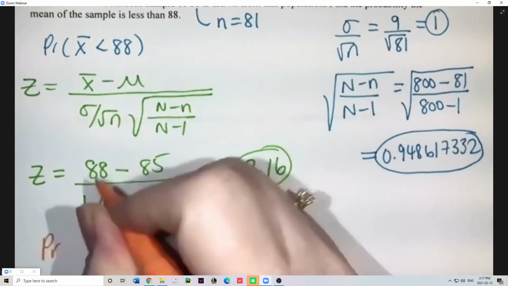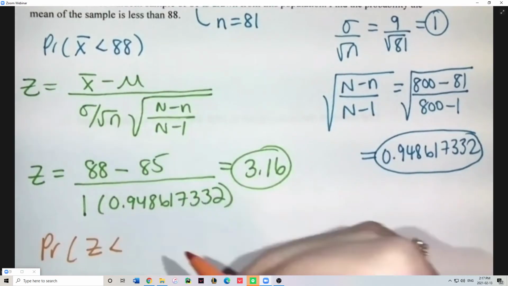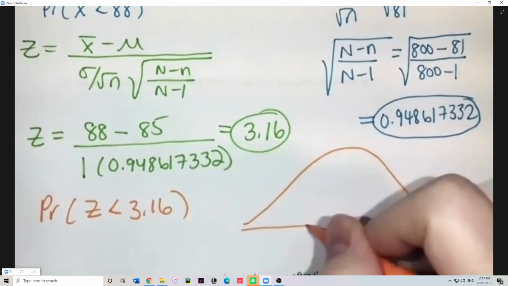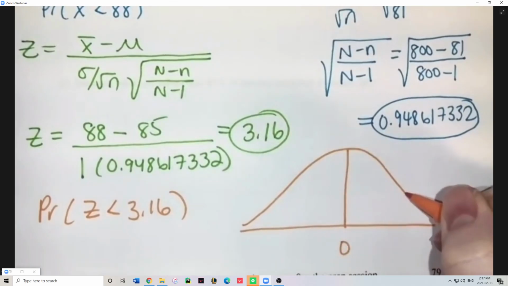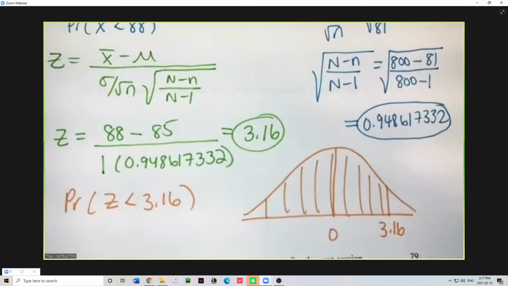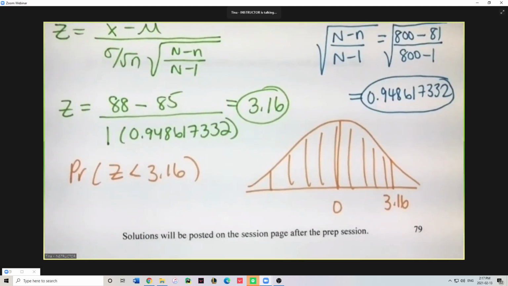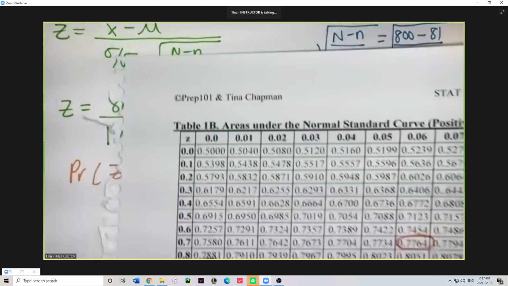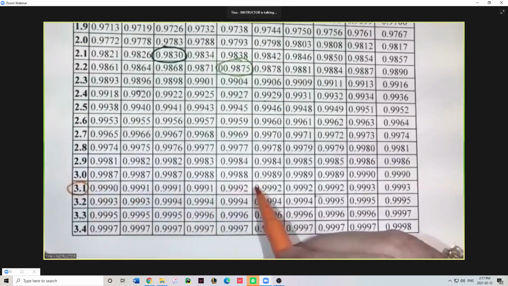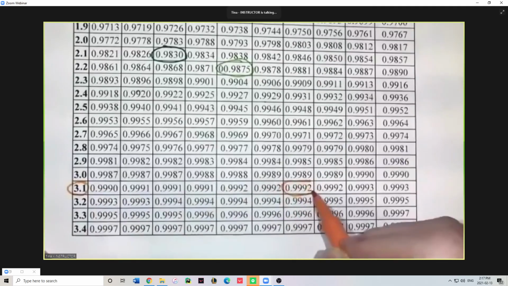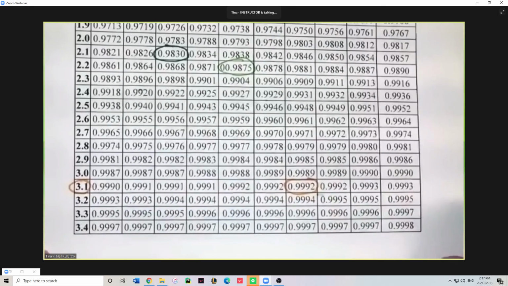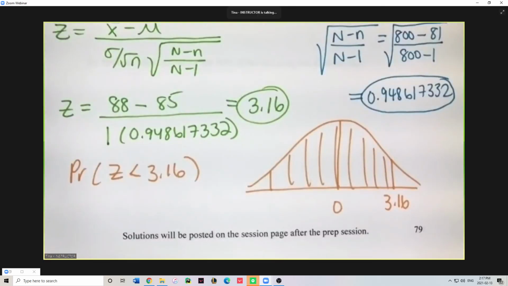So we have X bar less than 88 means we have Z less than 3.16. So look up the area below 3.16. So 3.1, 0, 1, 2, 3, 4, 5, 6. 0.9992. And that's our area.